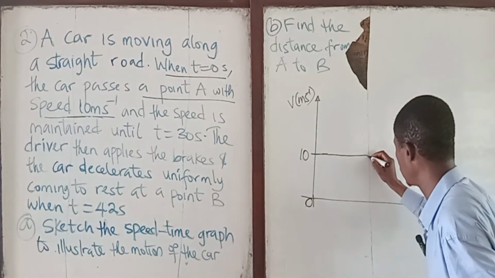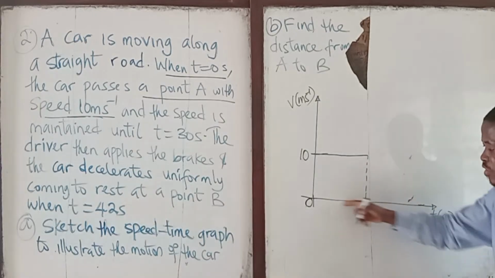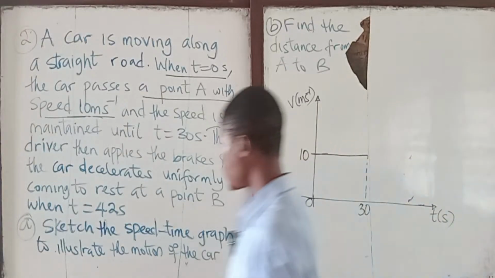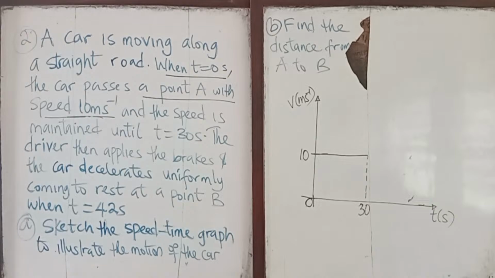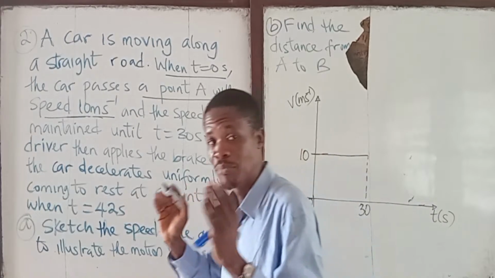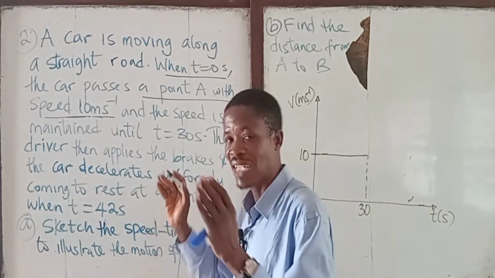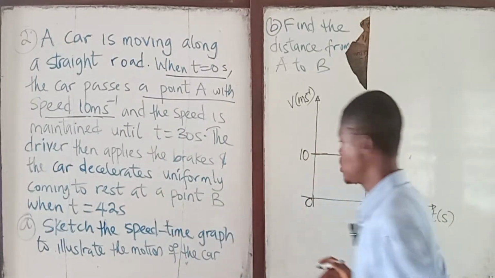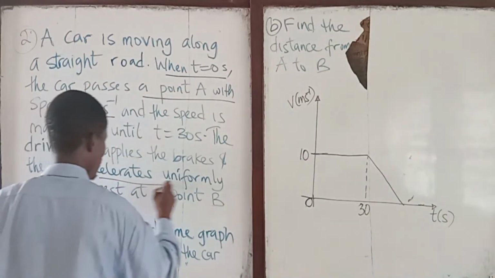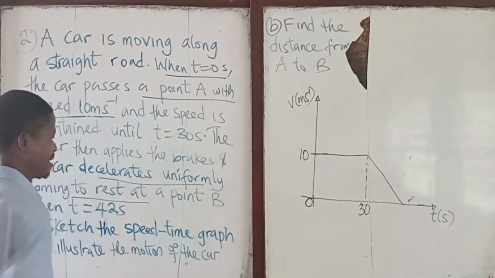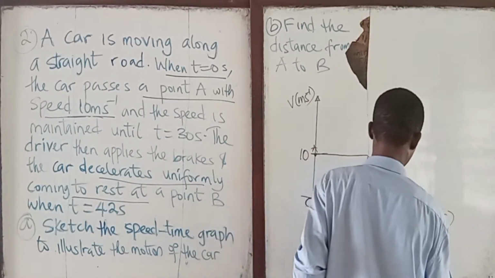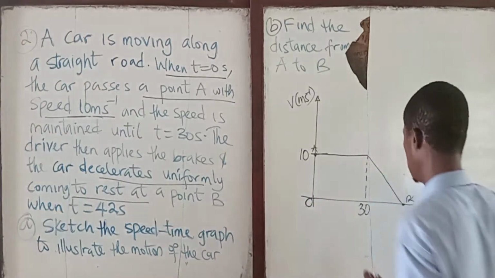So your 30 could be somewhere here on this horizontal line, which is seconds. Then the driver applies the brakes, and the car decelerates uniformly, coming to rest at a point B. So this is point A, and this is point B.